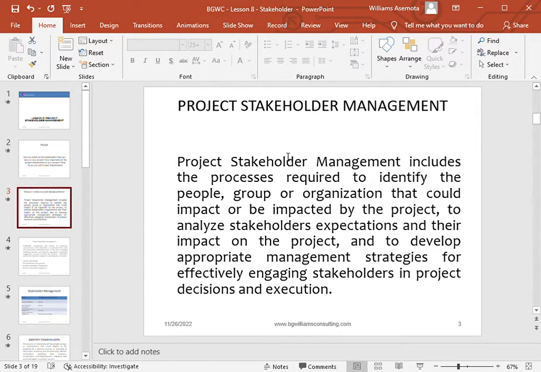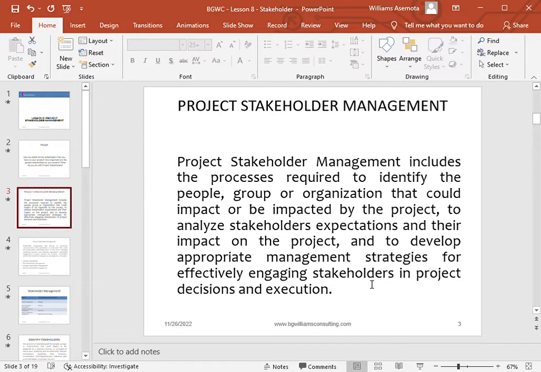So the first part of stakeholder management in a project is to get to know who the people or groups of organizations are, whether internal or external to the project. You must take note of them and put them in your documentation, so that you know who they are.